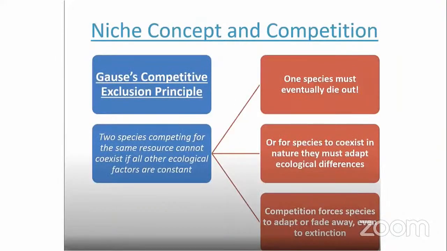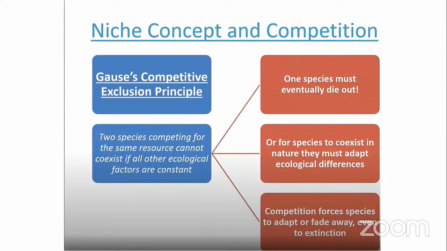And here is a very important concept: the competitive exclusion principle by G.F. Gause. Gause was a Russian biologist and evolutionist, and he proposed this principle called Gause's competitive exclusion principle.